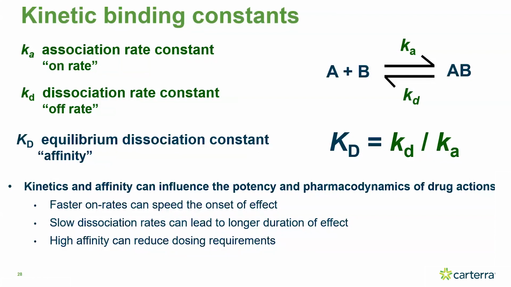Also, if you're trying to interrupt interactions that have very rapid kinetics, having a durable residence can be of advantage. And then a high affinity drug, where your KD is a low value, means that typically you will get the pharmacological action at a lower serum concentration of the drug because you have higher occupancy at lower concentrations.